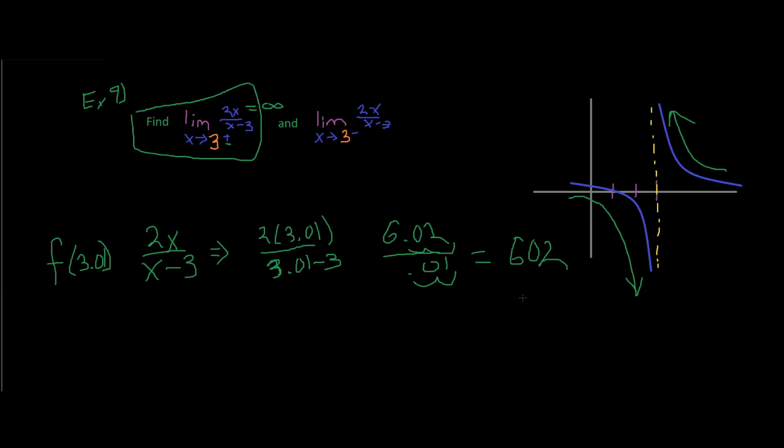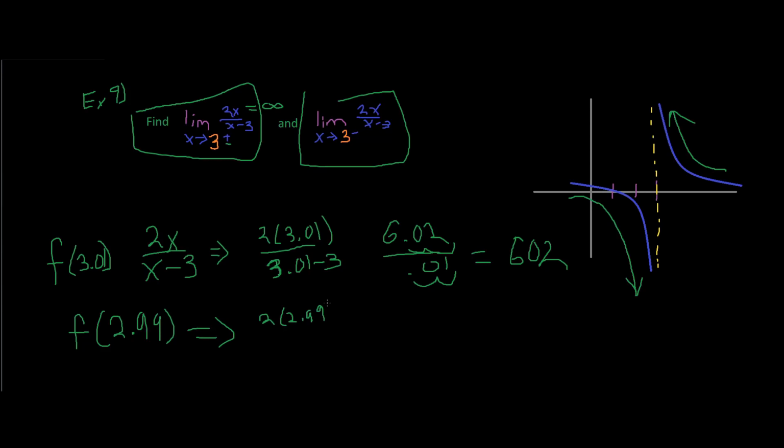And so likewise, if we plug in a number relatively close for this part of our example, let's say we plug in, I don't know, 2.99, right? Because that's relatively close to that side of the problem. So let's say over here, it's going to be 2 times 2.99.